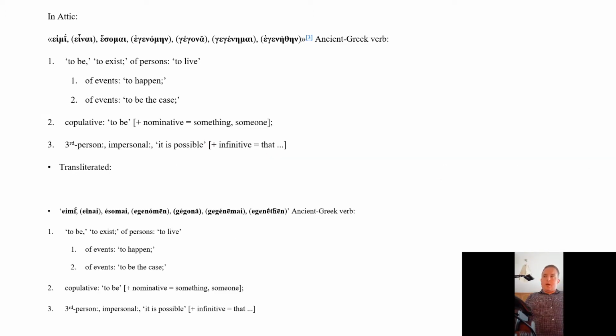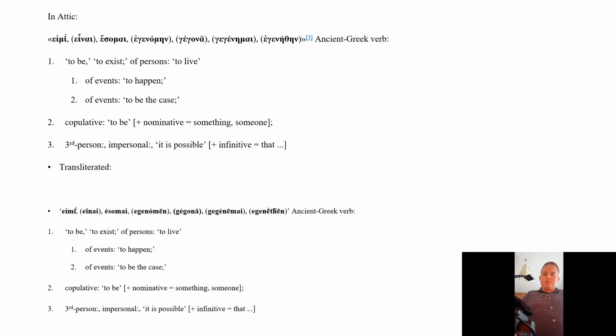And here we have the copulative verb eimi, and eimi means I am. Attic is the dialect of Athens. Ancient Greek really is not one main language.